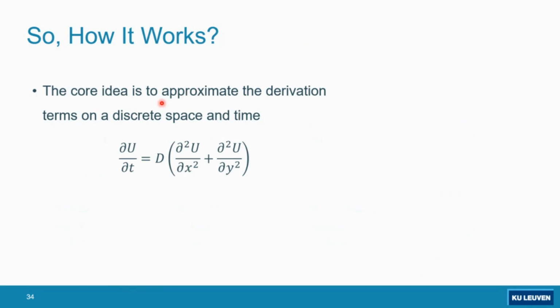is to approximate. This is very important. Approximate the derivative terms on a discrete space and time. Discrete space means the mesh, the grid that I showed you also in the slides, and you have seen them in lots of presentations. It might also be your master project, your master thesis project. So you know what a discrete space is.